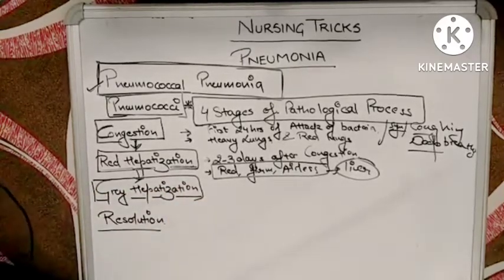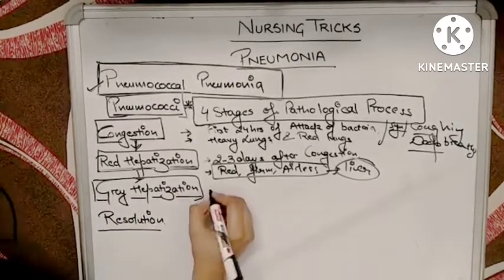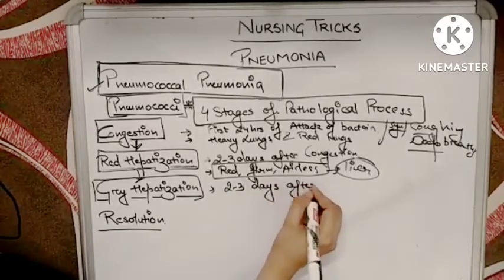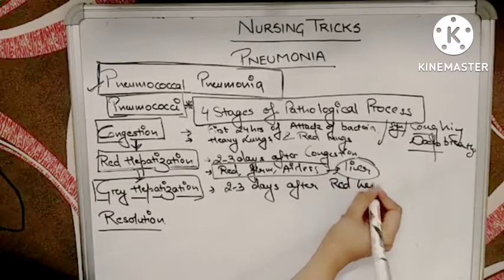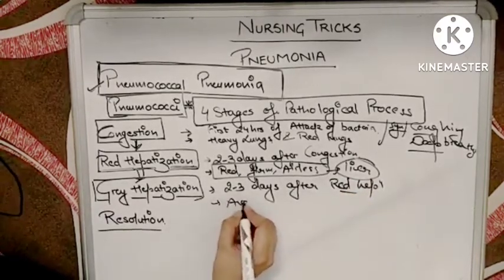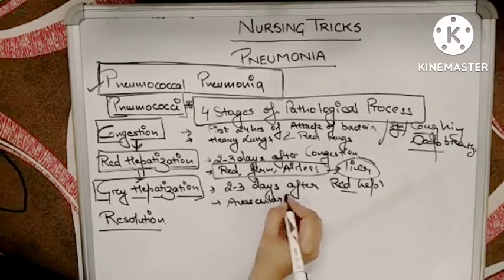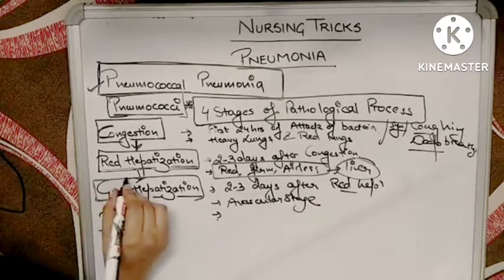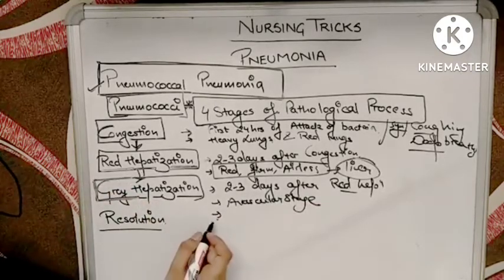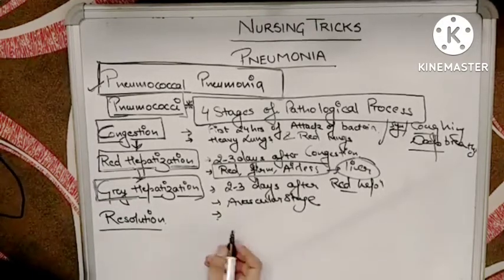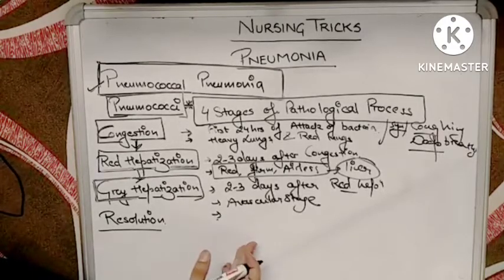Now what is happening in gray hepatization? This stage occurs 2 to 3 days after the red hepatization. It is an avascular stage, with less vascularity, because of which the lungs appear gray, brown or even yellow, due to the disintegration of the red cells.